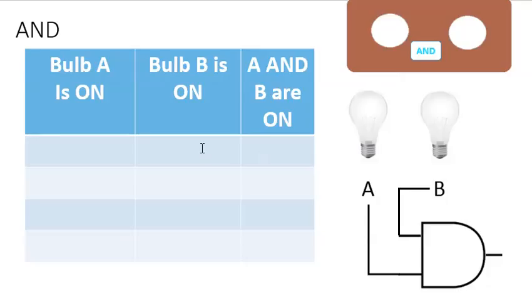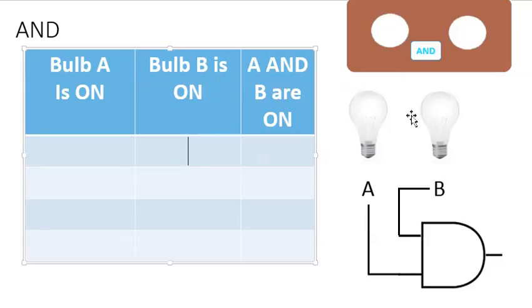I go to my last possible input, in this case bulb B, and I recognize that I'm going to have one of two possible states for the statement, that either bulb B is on is going to be false or it's going to be true.